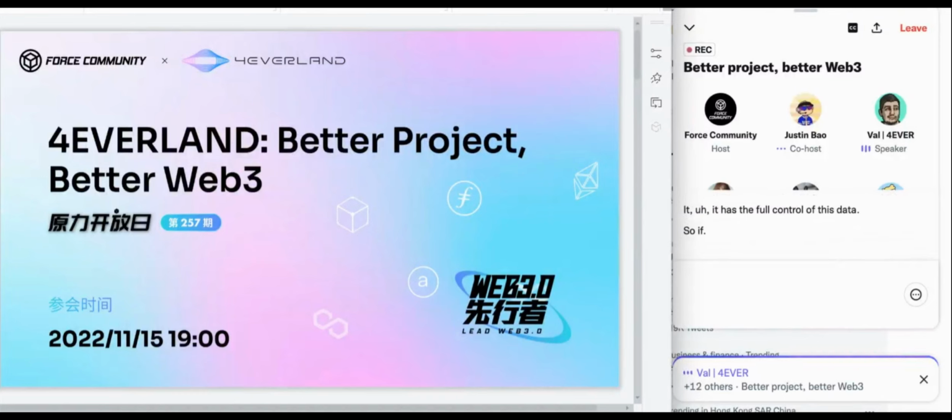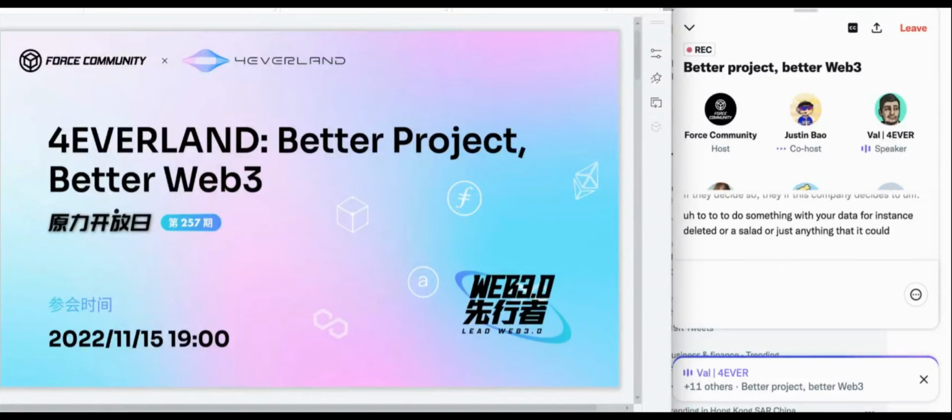So if this company decides to do something with your data, for instance, delete it or sell it, or anything else that could be done with your data, it actually could. For sure, these things are quite seldom, but still they happen sometimes.